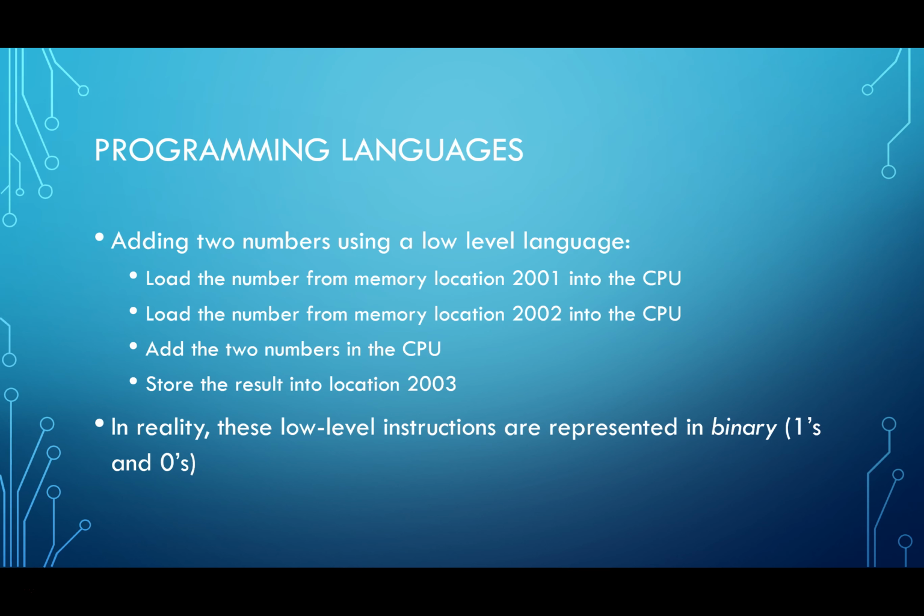So when you're doing low-level programming, you would need to know the exact memory locations where your numbers are that you want to add, and the memory location of where you want to store the result. In reality, these low-level instructions are represented in binary, or ones and zeros. So in a low-level language, your program would consist of ones and zeros.